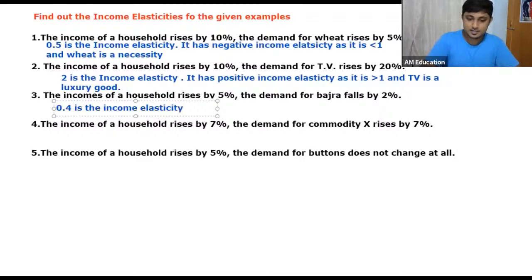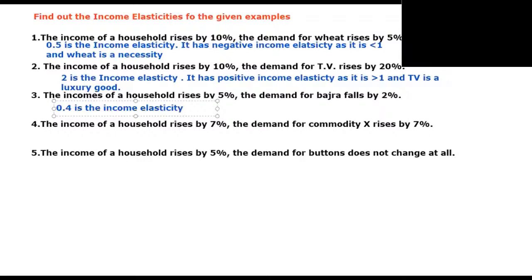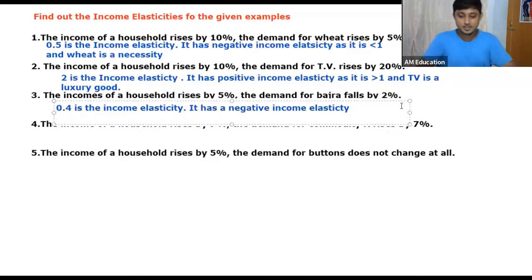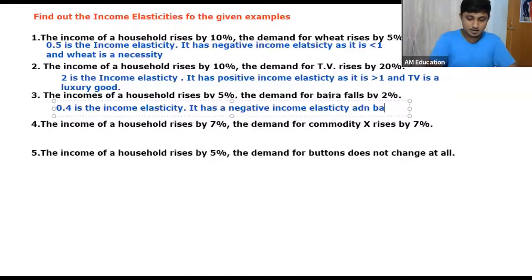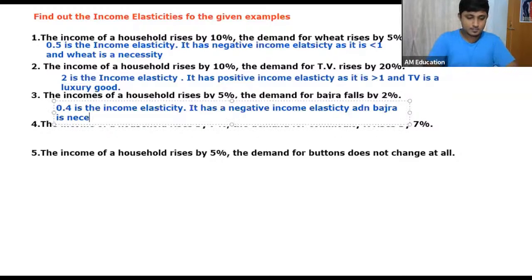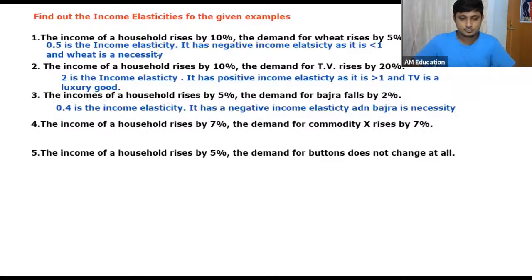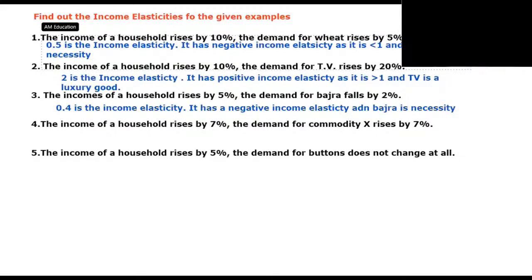And what kind of elasticity is it? Negative income elasticity. Then it is what? Bajra. Again, Bajra is a necessity only. Right or wrong? Yes, sir.